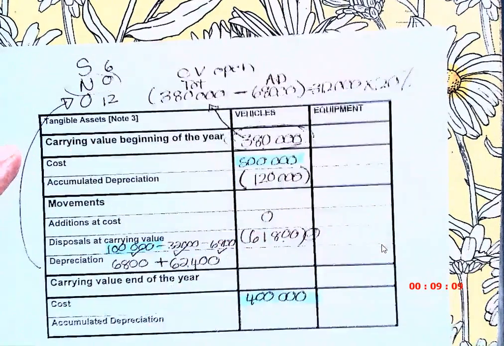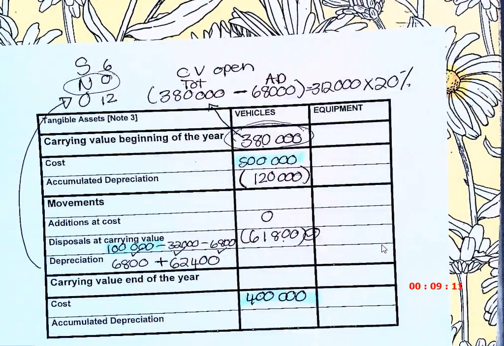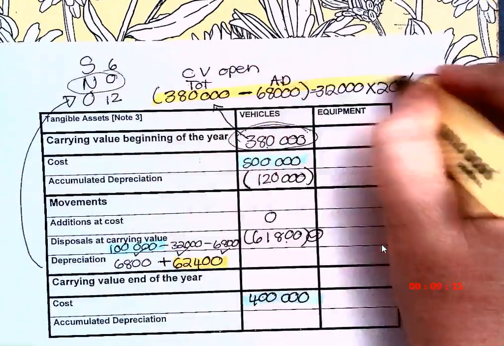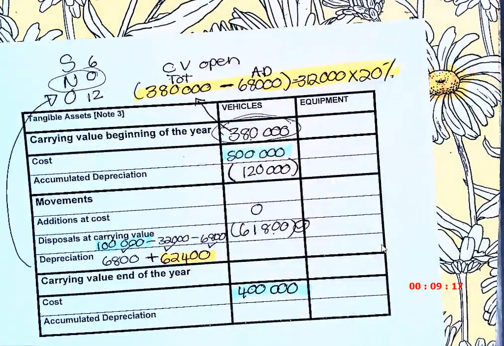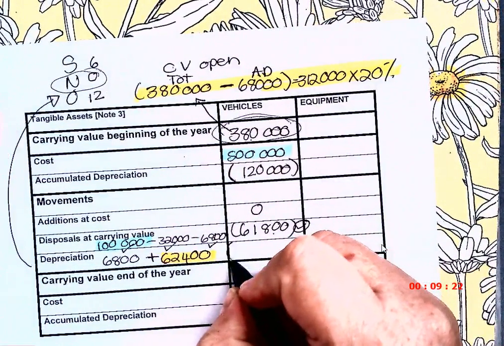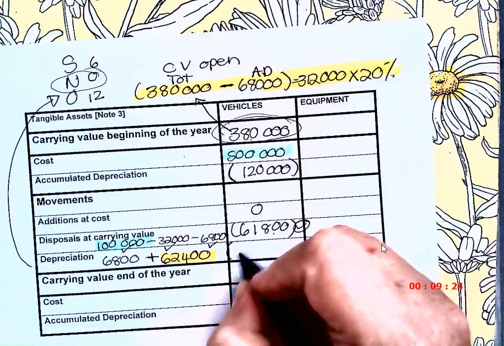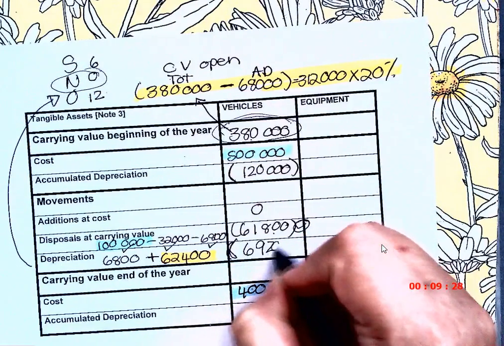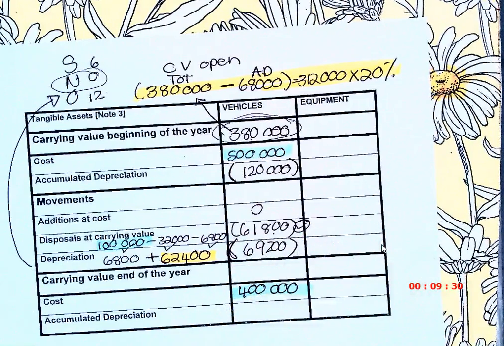Okay. So the 62,400 is what I calculated here. And now I have my depreciation. And my depreciation would be 69, anybody? 69,200. Okay. Yes, questions?